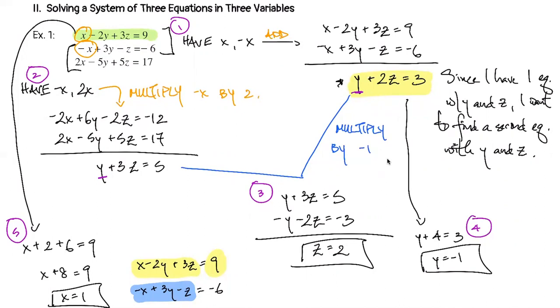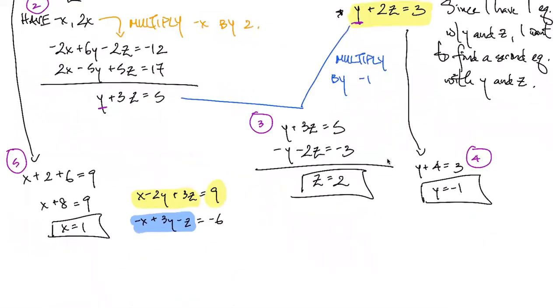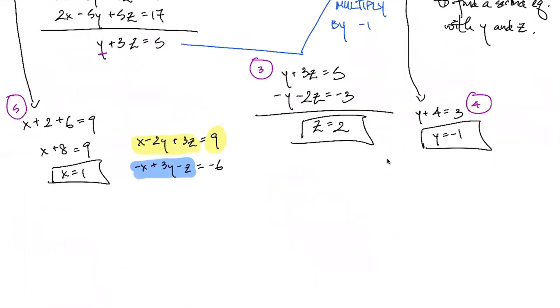Okay. And so when we got to the end of example number 1, we realized that we found a number for x, y, and z. And so maybe we can even summarize this, that this system has a single solution.